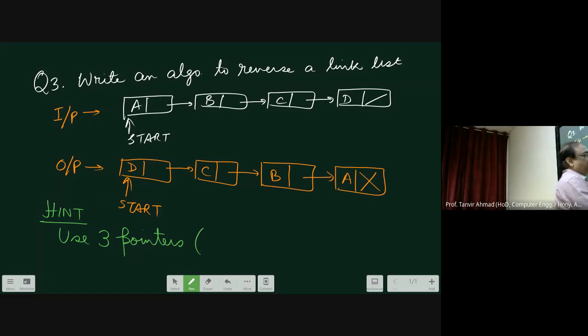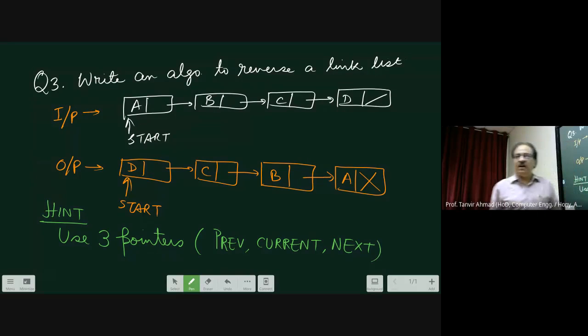That means, okay, you can take three pointers. Let us take them as previous, then you can take current, and you can take next. As the name says, previous is the one which points to the previous node, current points to the current node, and next points to the next node.